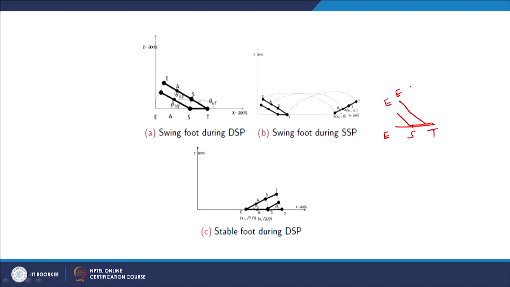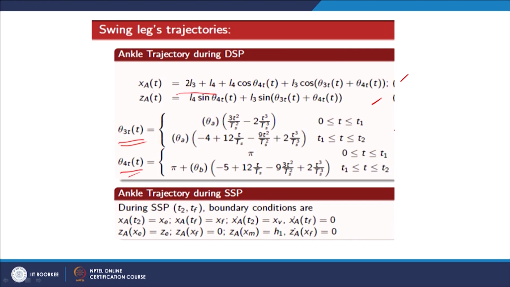So, we will get the foot like this, and this is the x direction, the forward motion. The angles are measured from the x direction to this one. So, this angle is called theta 4 t.